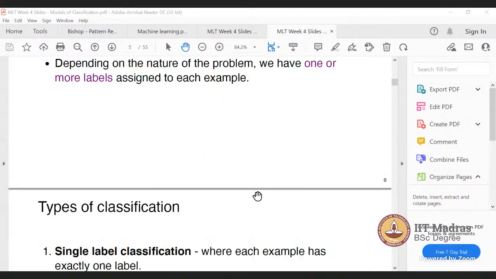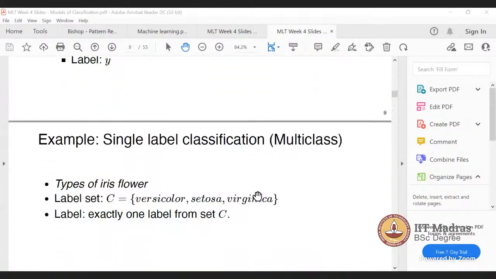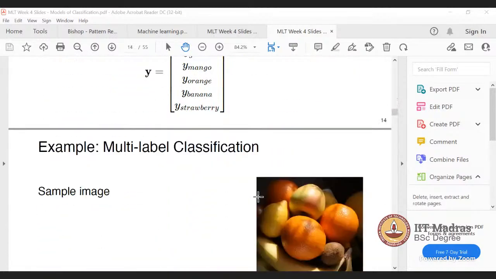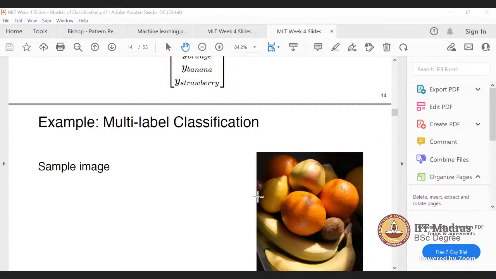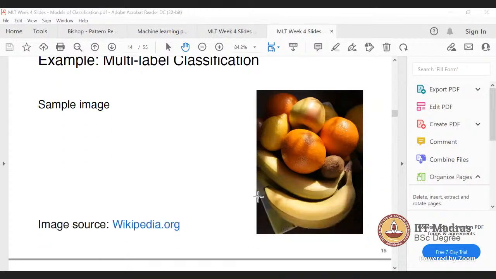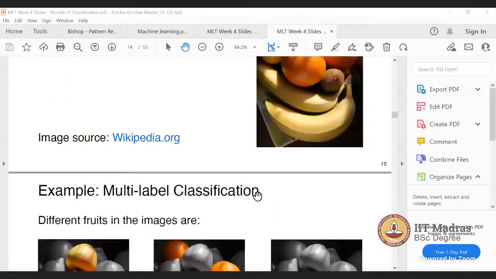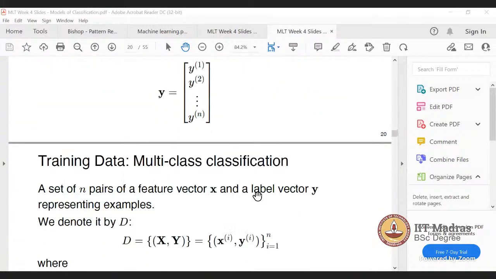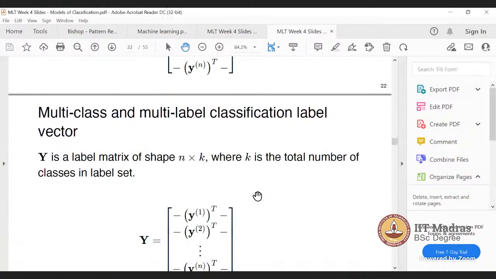Let's say there are 2 features, x1 and x2, so your data will be distributed in a 2-dimensional space. Let's say there are 2 classes, a binary classification problem, class 0 and class 1. Now we have to distribute the data set into the 2 classes, 0 and 1. So let's move quickly to understand the data.